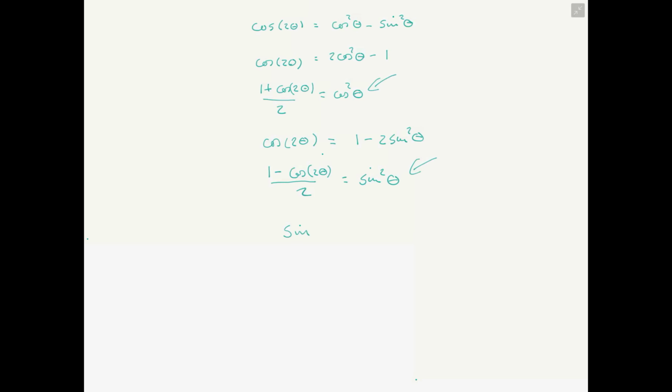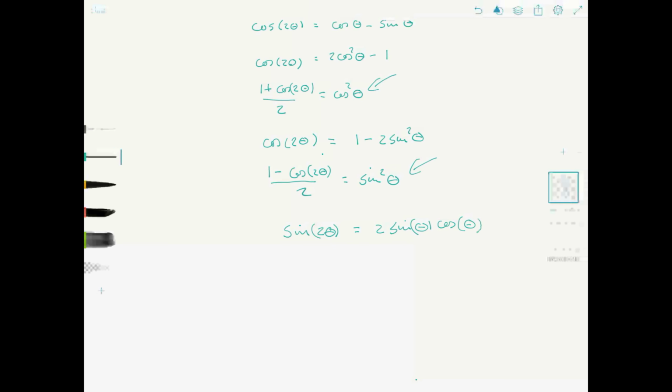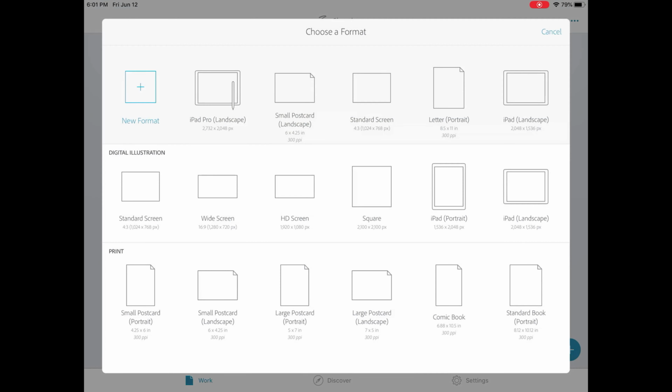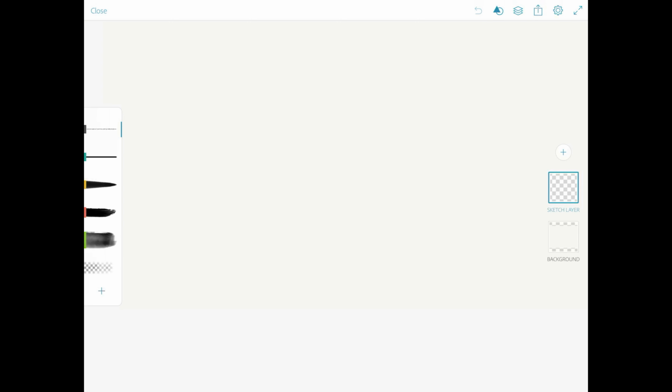So if we have sine of 2 theta, that's equal to 2 sine theta cos theta, and often that helps us in our solutions or in our integrands. So we have a variety of trigonometric tools that help us when we do our integrations.